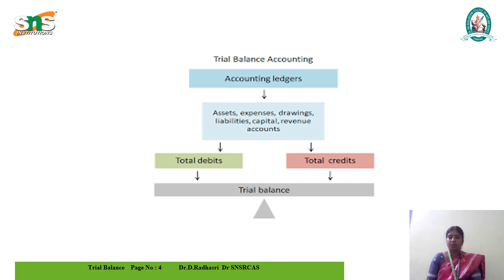In the total debit and total credit, the asset, expense, drawing, liabilities, capital and revenue accounts are taken as the ledger accounts. In the trial balance, they are converted into total debit and total credit. They should be equal, and only then is it fulfilled.